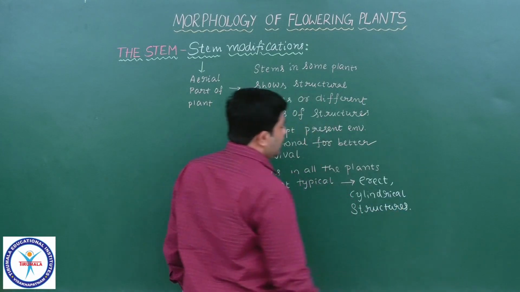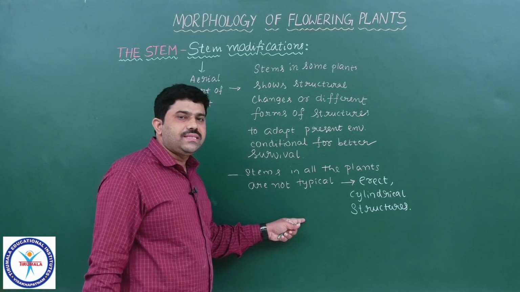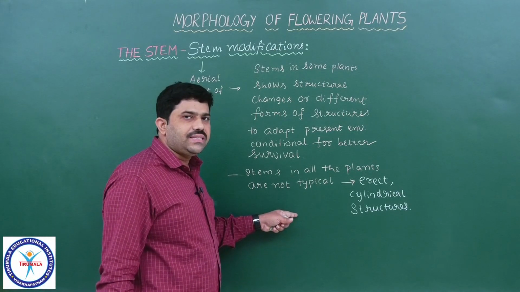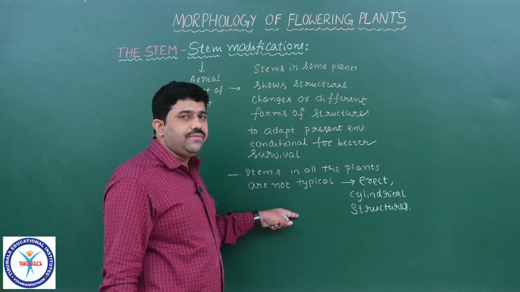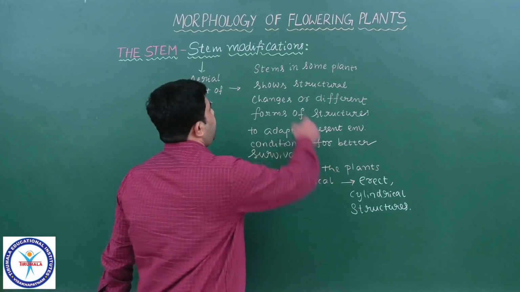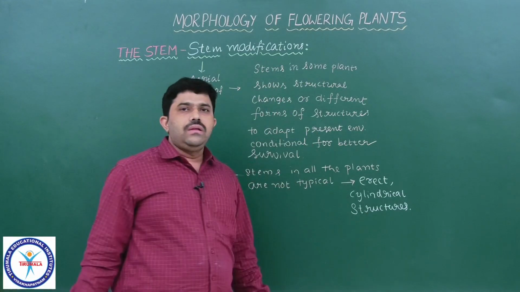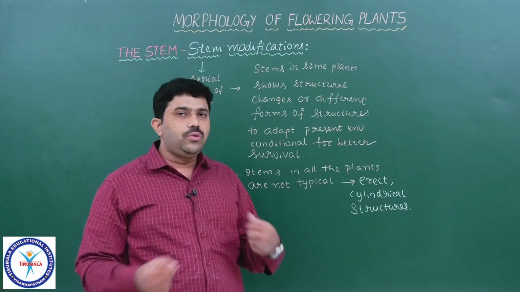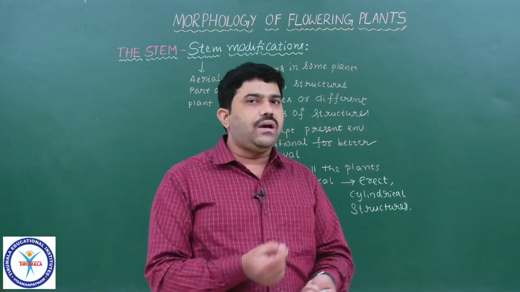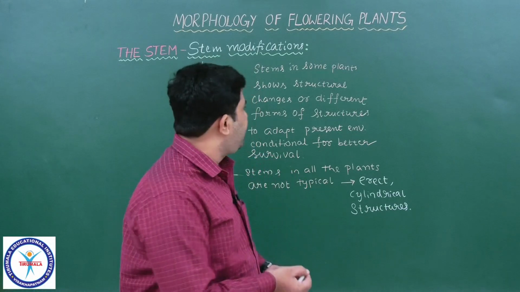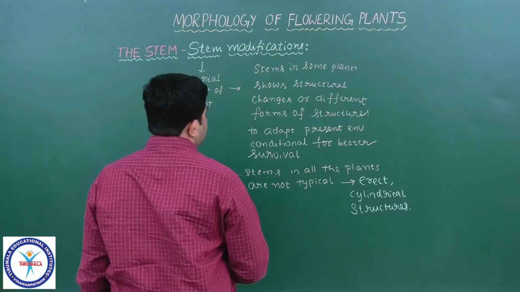In some plants, the stems change their structures. These changes in structure, with the different forms of stems that we see in some plants, are called stem modifications. Because these modifications are taking place in an organ like the stem, they are called stem modifications, students.